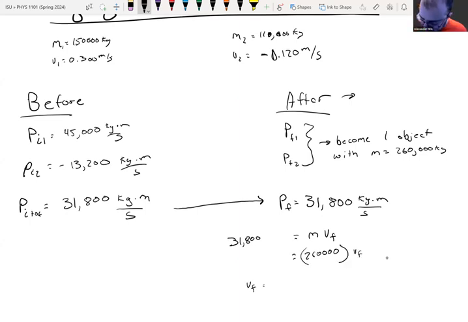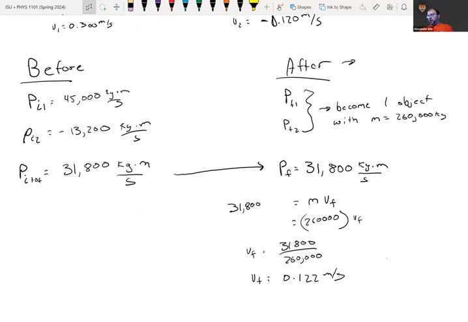So V final is then just going to be 31,800 over 260,000. When we do that, that's going to give you a V final of 0.122 meters per second.